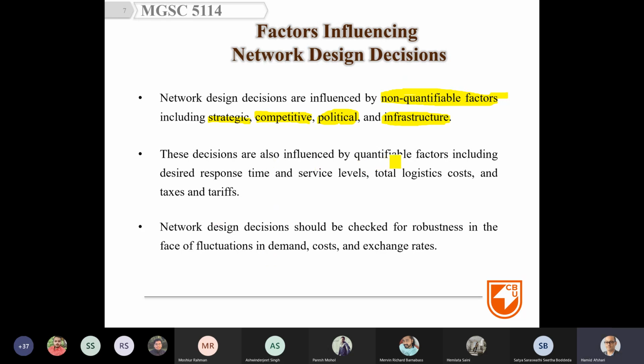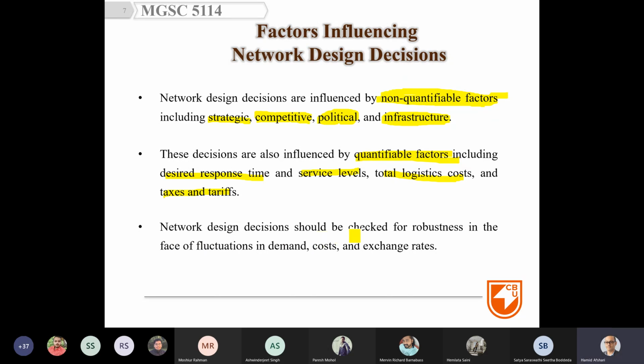These decisions are also influenced by quantifiable factors, as I mentioned, like desired response time, service level, total logistic cost, and tariffs and taxes. So these are something that you can measure. So in total, again, factors are divided into non-quantifiables and quantifiables.